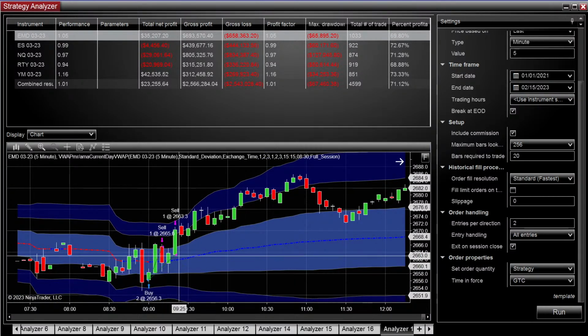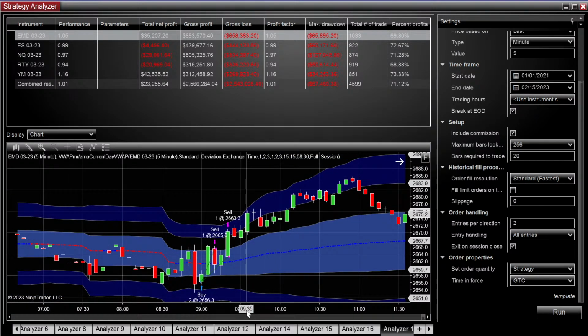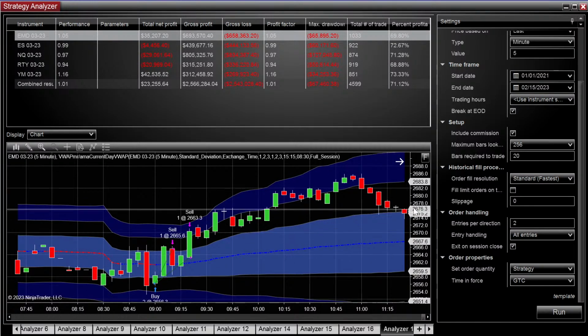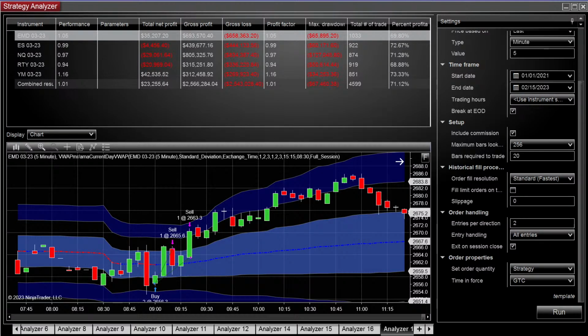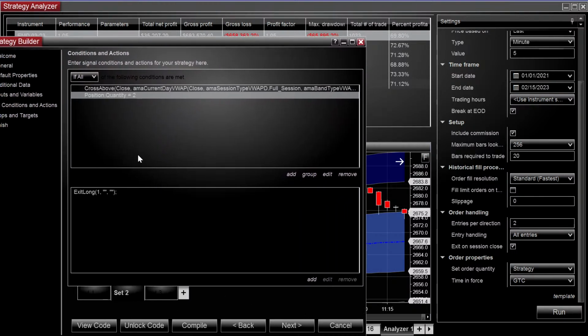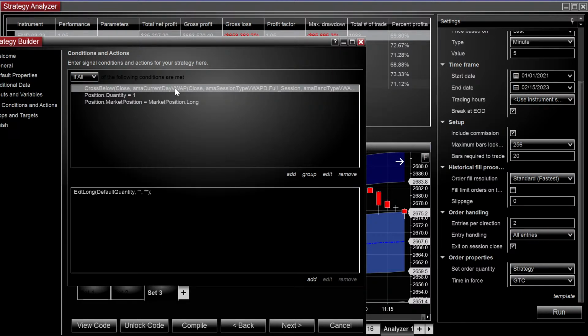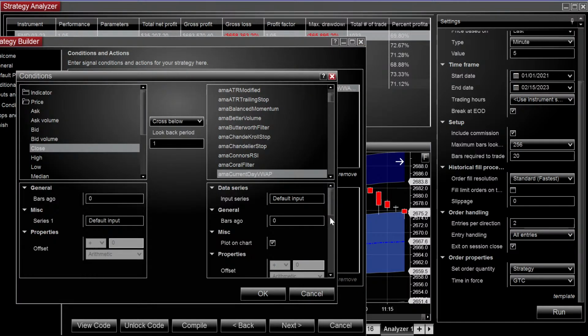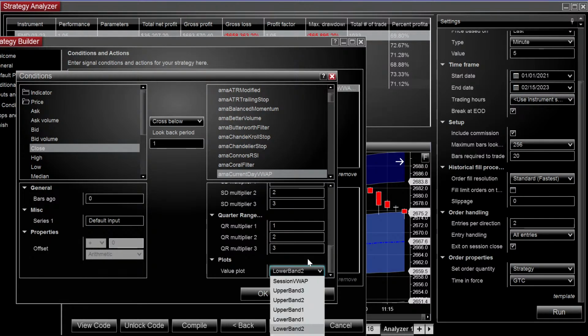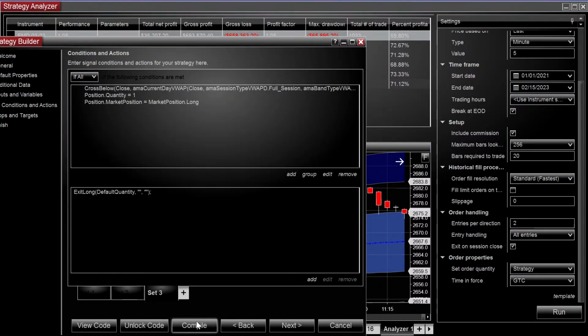That makes no sense at all, how it is closing this extra contract. Let me see. Cross above, that's why. Cross current position size equals 2. That was the boo-boo. Let's change this back to lower band 1.